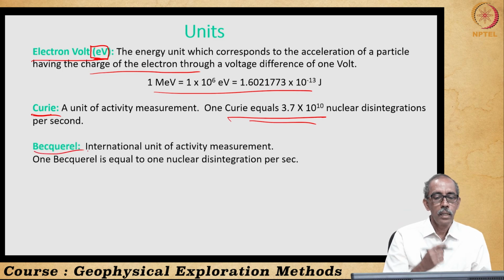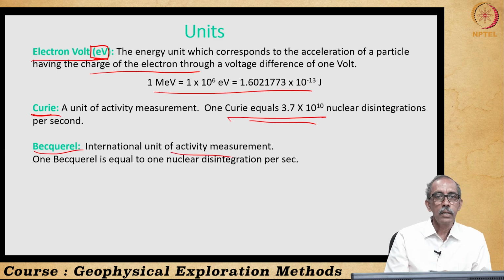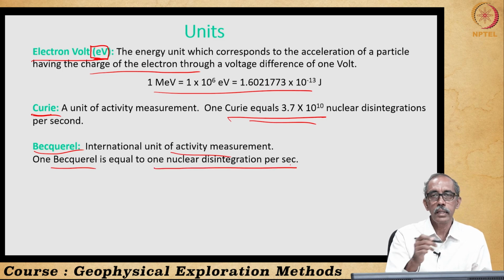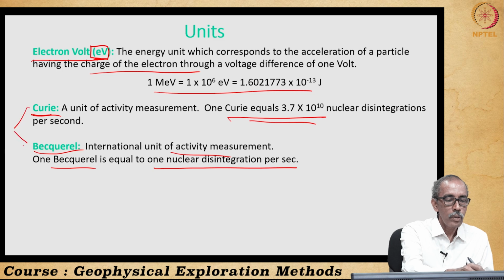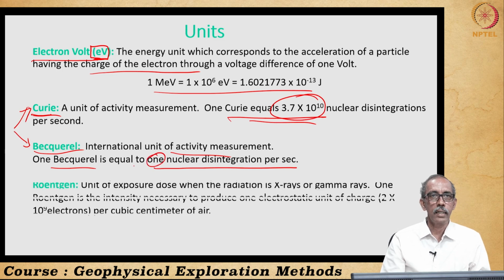Then becquerel. Becquerel is the international unit of activity of measurement. 1 becquerel is equivalent to 1 nuclear disintegration per second. This is how Curie and becquerel are different. Here, so many disintegrations per second. Here, it is 1 disintegration per second.